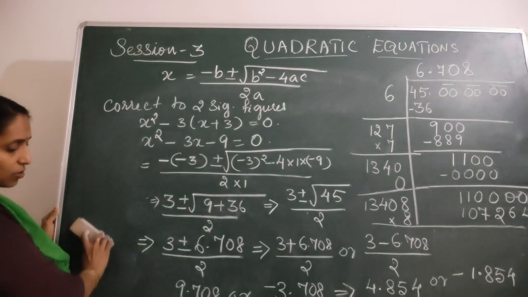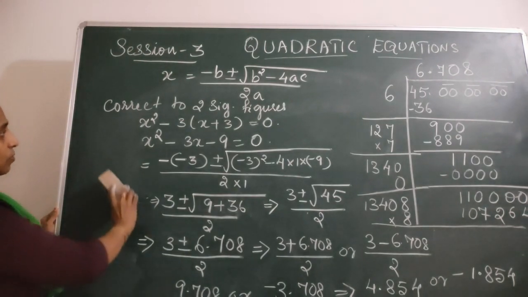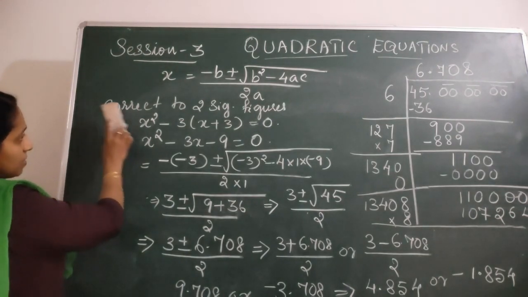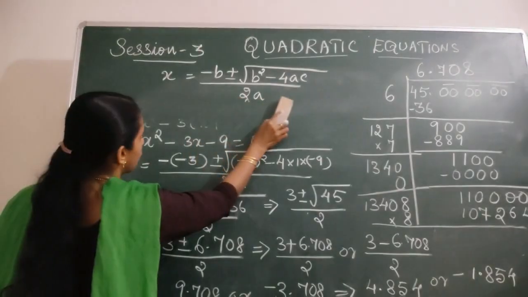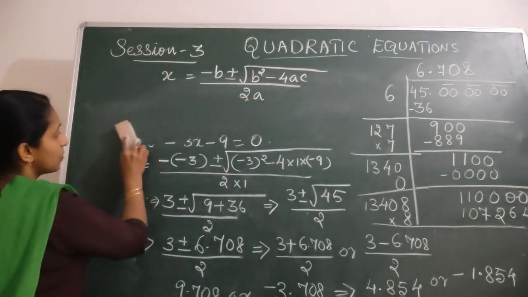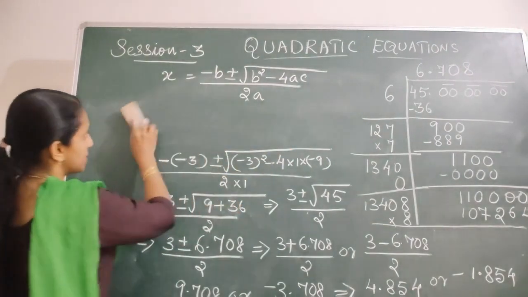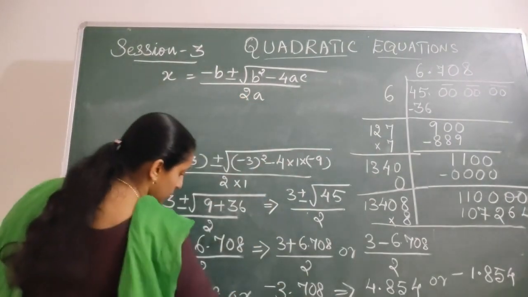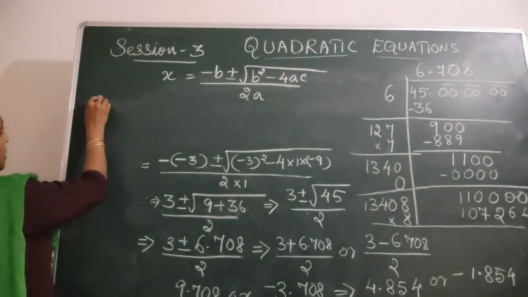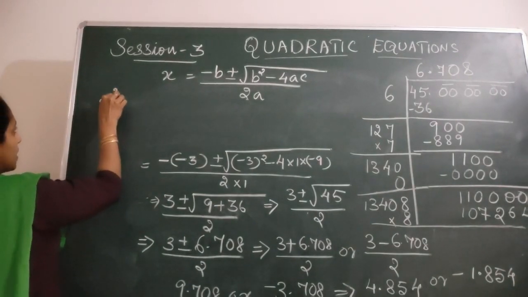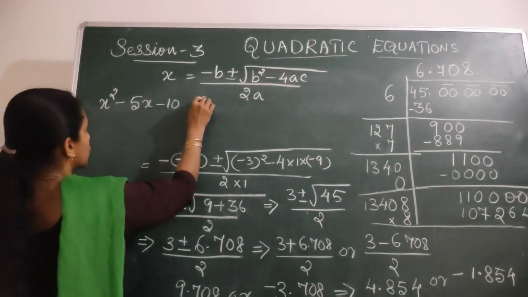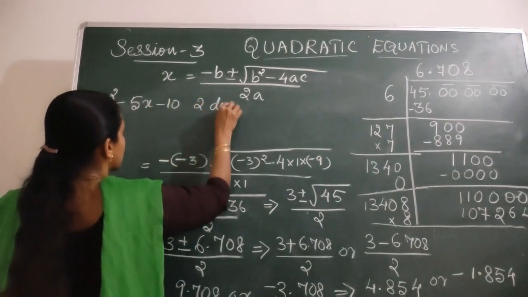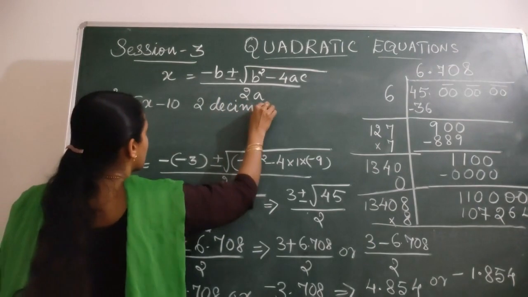For practicing, we can do one more question now as class work. This is two significant figures I have shown. Now we can go for one more question with decimal places. This is the formula. So if you take the question x square minus 5x minus 10, correct it to two decimal places.